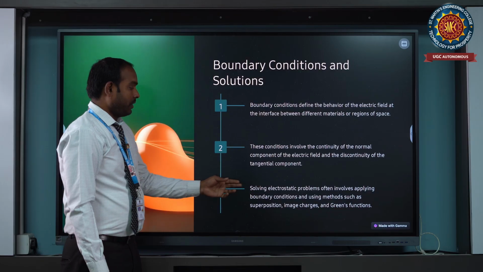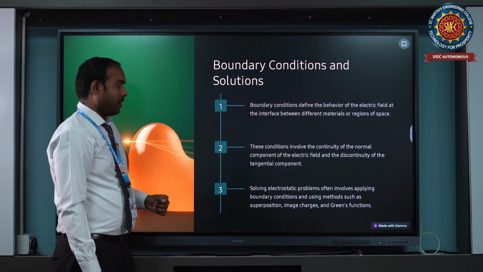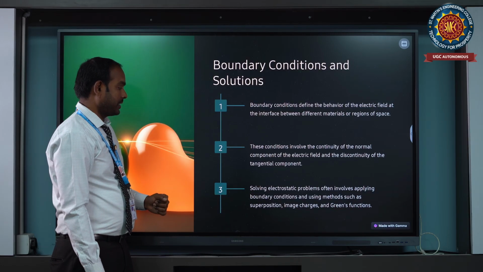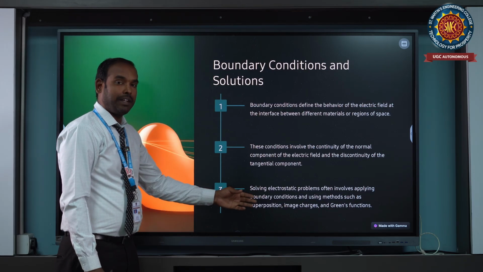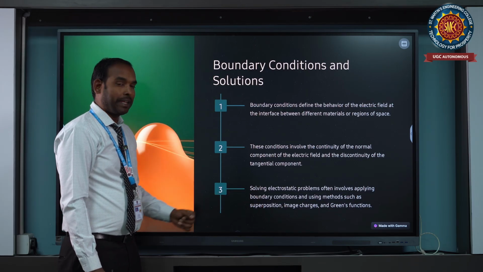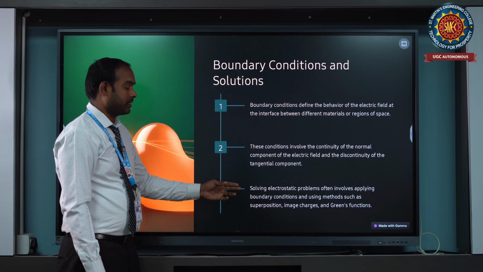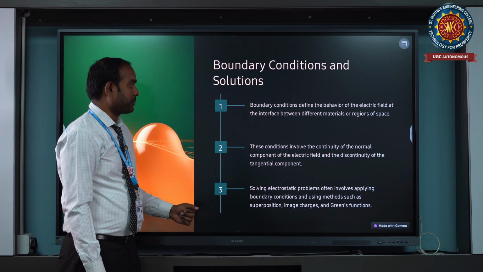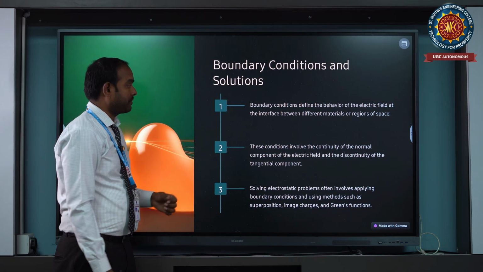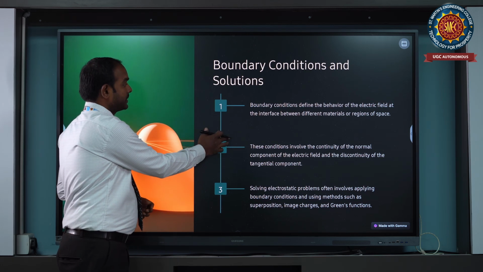So solving electrostatic problems often involves these conditions, using different methods, numerical techniques, practical methods. We solve this electrostatic problem with the help of Poisson's and Laplace equations and boundary conditions.